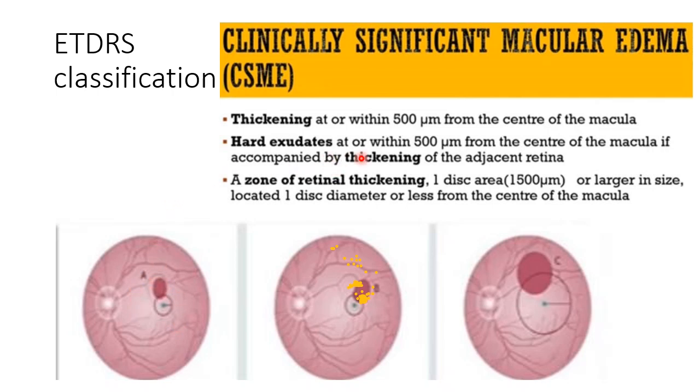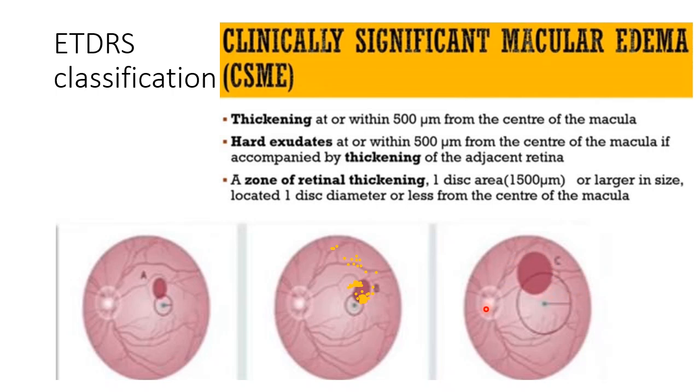Then hard exudates at or within 500 microns from the center of the macula if accompanied by thickening of the adjacent retina. So if hard exudates are present, they must be associated with retinal thickening also, and they should fall within the central 500 microns. So you see there is hard exudates and retinal thickening. And the third criteria, a zone of retinal thickening, which is one disc area or larger in size.